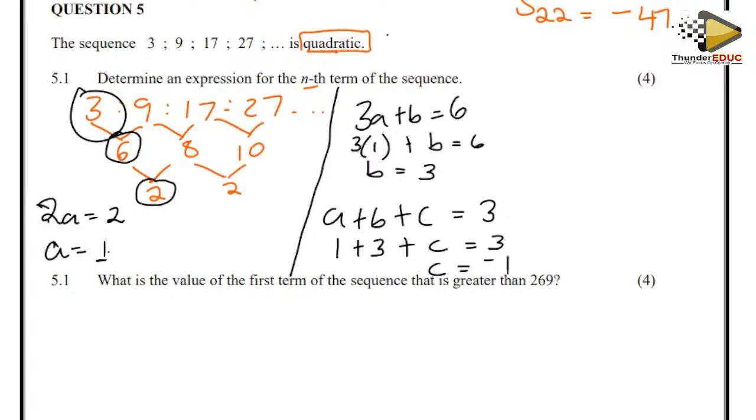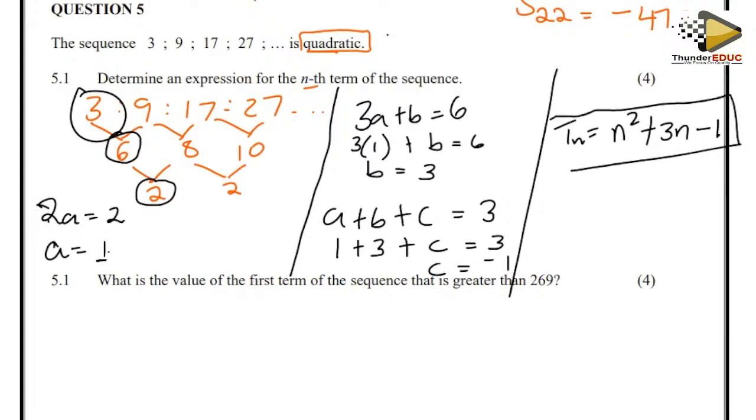Subtract that from the other side, c is a negative 1. So which means that our Tn is going to be 1n squared, which is just n squared, plus the bn, which is 3n, plus the c, which in this case is a negative 1. So that is how we go about it, and that becomes our final answer.